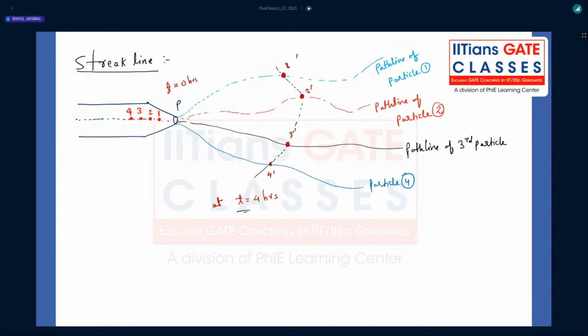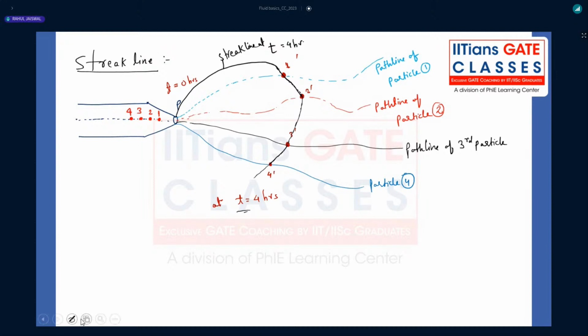All the points I have drawn at t equal to 4 hours, but that is not the streak line yet, the black color. We have to join it to the initial point. So this will give you a streak line at time t equal to 4 hours.